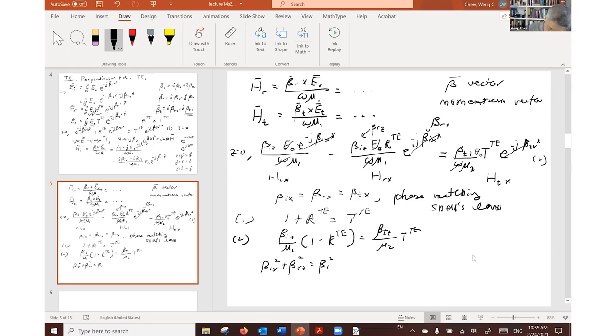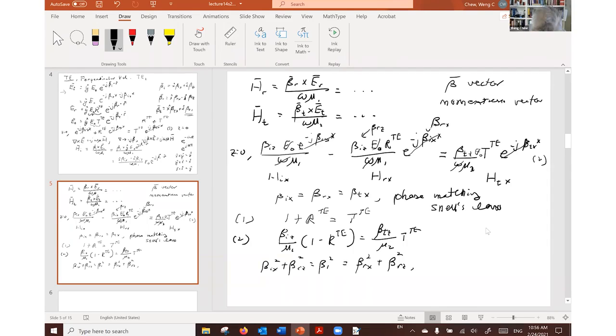And that is also true for the reflected plane wave. So beta_rx squared plus beta_rz squared must also be equal to the same constant. Okay. And then in region 2, I have a different relationship. These are called the dispersion relationship for plane wave.